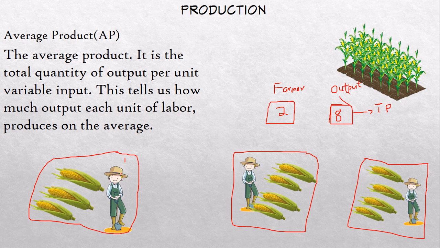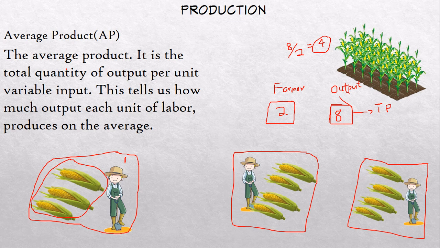For the case of one person, of course the average is just going to be 3, which is the 3 maize. But if we have 8 maize and 2 farmers, we divide the number of maize by the number of farmers, and we get 4. And that is how to find the average product.